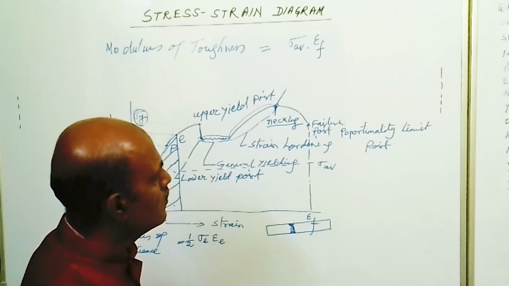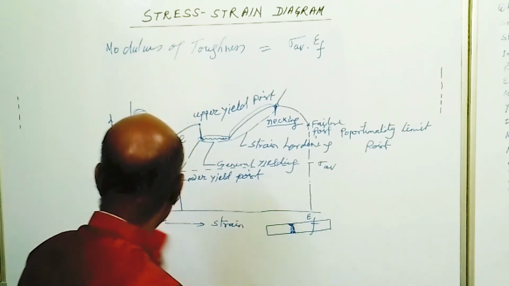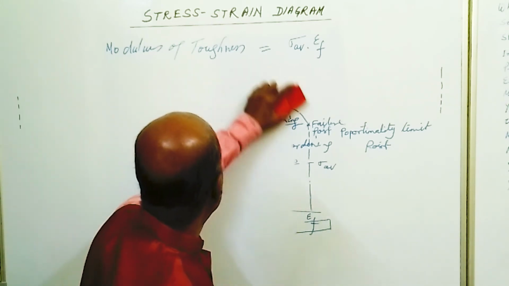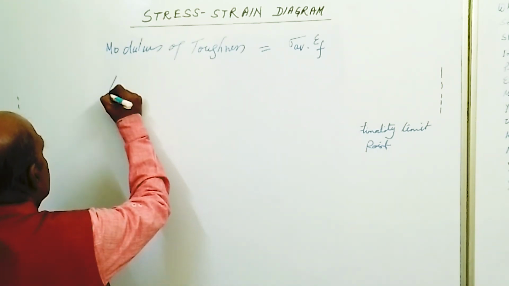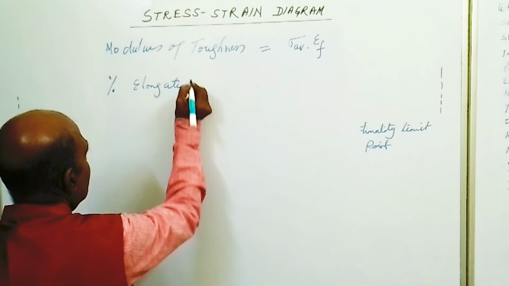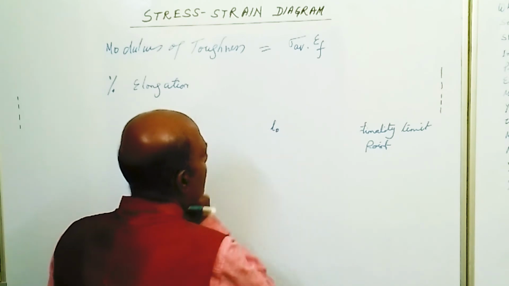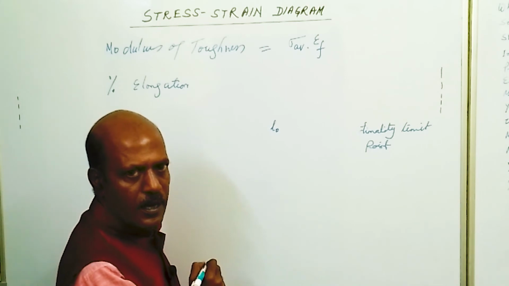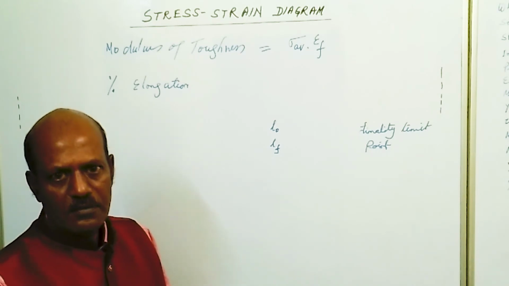Now we will see two more terms, percentage elongation and percentage reduction in area. Percentage elongation: say the body is tested and the original length or gauge length of the body was L0. Before testing, and at breaking point, say the length of the specimen becomes LF.